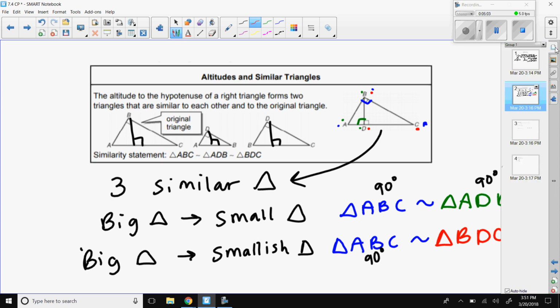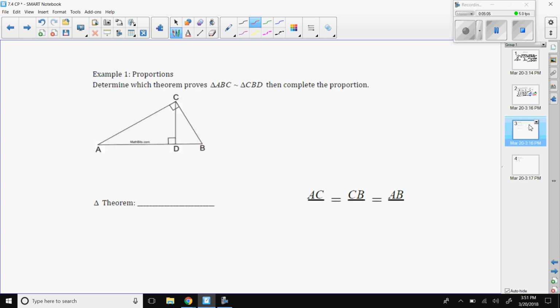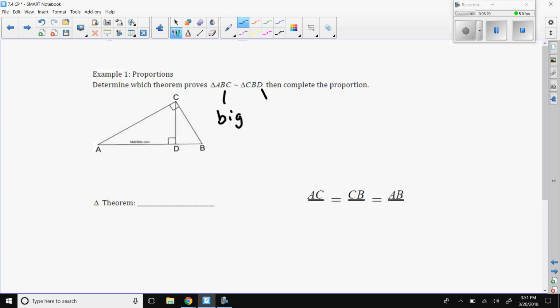We move on to the back side. We want to determine which theorem proves triangle ABC similar to CBD, and complete the proportion. So ABC, the big one, to that small one inside, CBD.